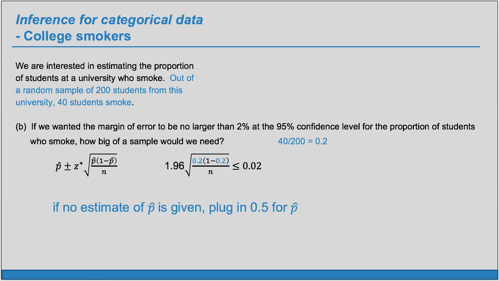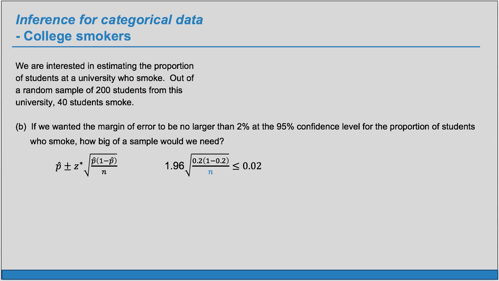However, if no estimate of p-hat is given, plug in 0.5 for p-hat. Usually you don't have an estimate of p-hat in a margin of error problem, so you just plug in 0.5, 0.5 if no number is given. Okay, now we have all our numbers plugged in, and so the only thing to do is solve for n.